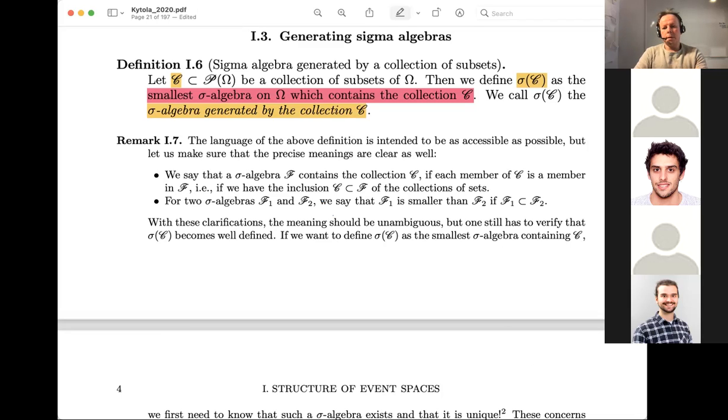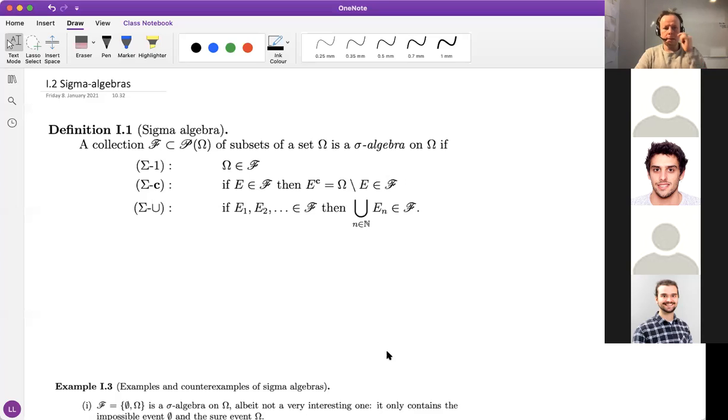To do this, let's open some notes where we can write a bit. Let's see if I have a notepad here. Yes, here is a notepad.